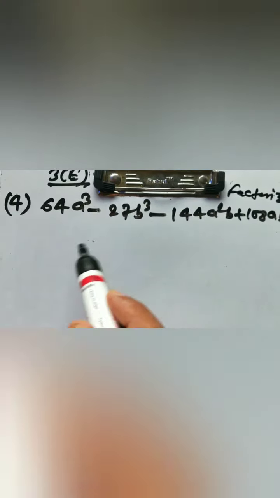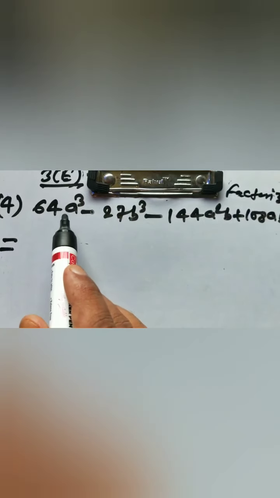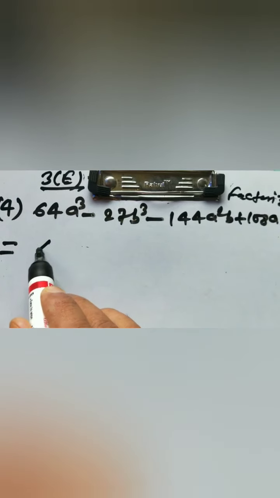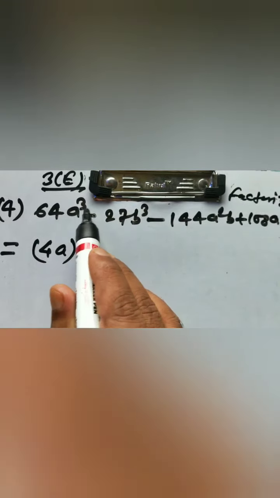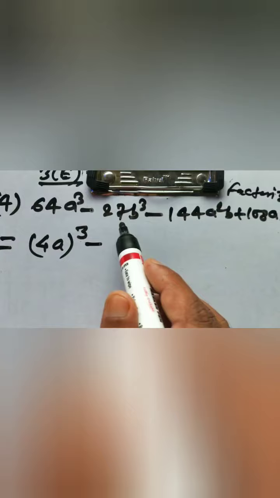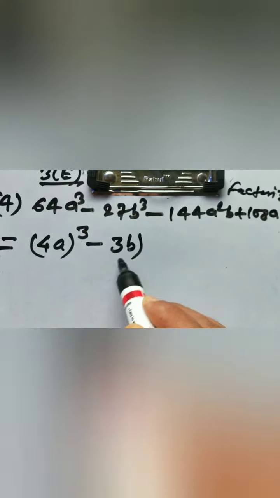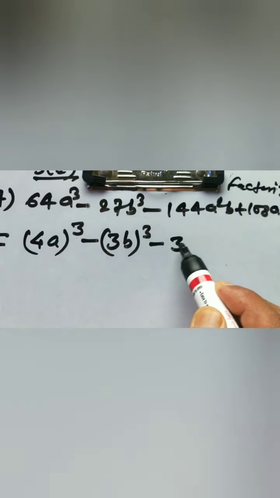So to factorize it, let us convert it in the form of a cube. You know that 64 is the cube of 4 and a cube is the cube of a. So 64 a cube can be written as (4a) the whole cube, minus this is the cube of 3 and b cube is the cube of b, so it can be written as (3b) the whole cube, minus 3a square.